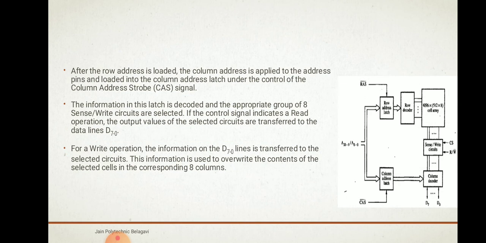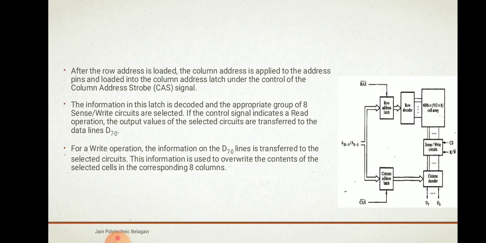Now after the row address is loaded, the next step is to get the column address. The column address is applied to the address pins and loaded into the column address latch under the control of the column address strobe signal. So for getting the column address, we use the column address strobe signal.